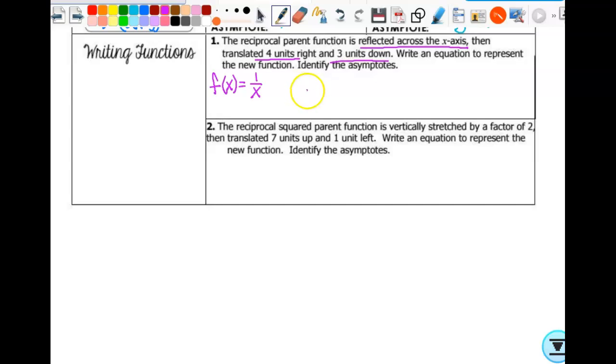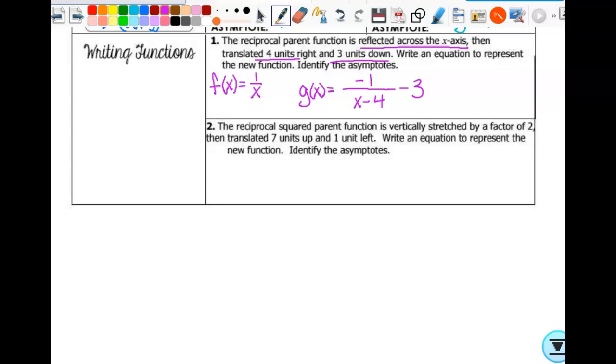Since I called this f of x, I'm going to call this g of x. So I have a fraction. It's reflected across the x-axis, which means the negative is in the numerator. A is 1, so this is just a negative 1. Translated 4 units right, so this would be x minus 4 in the denominator. 3 units down, so it would be minus 3 on the outside. Okay?